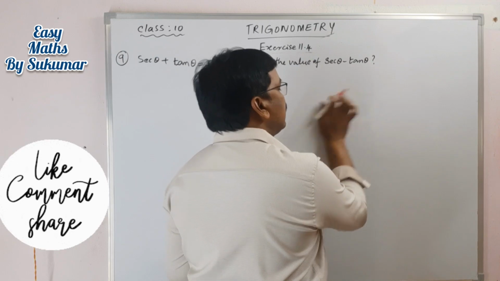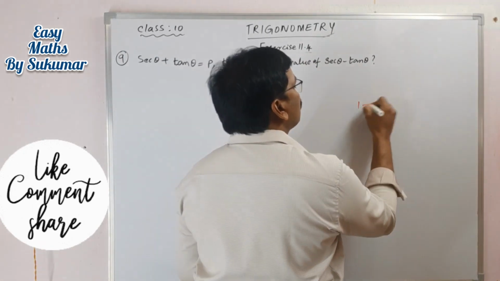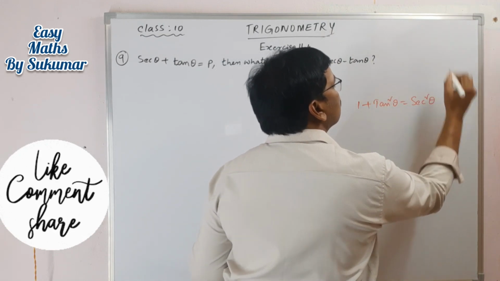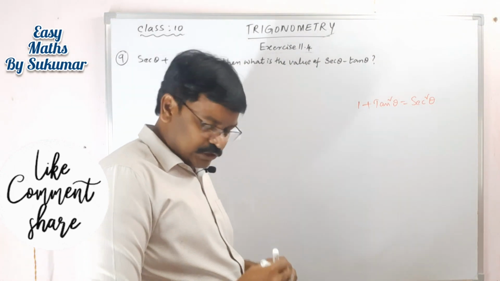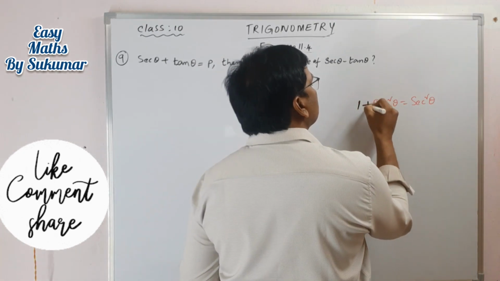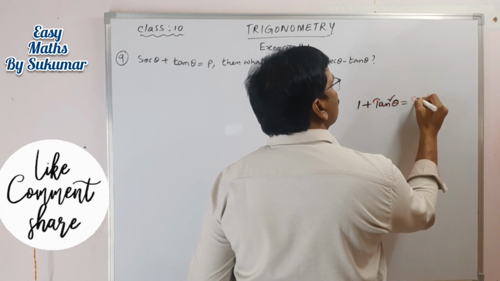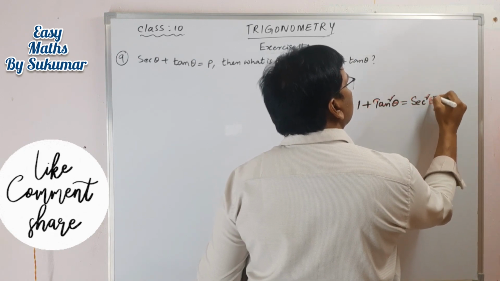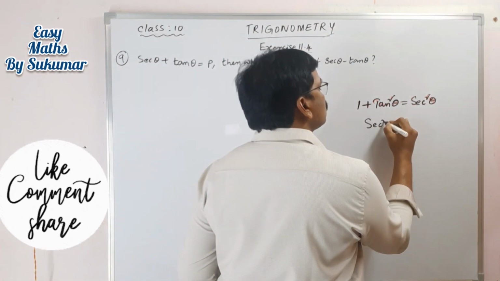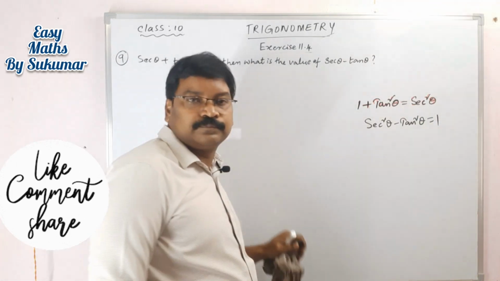We have an identity: 1 plus tan square theta is equal to secant square theta. From this, my dear students, what is secant square theta minus tan square theta? It is equal to 1.